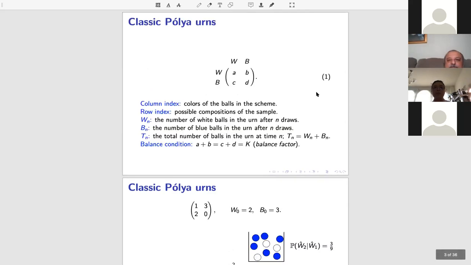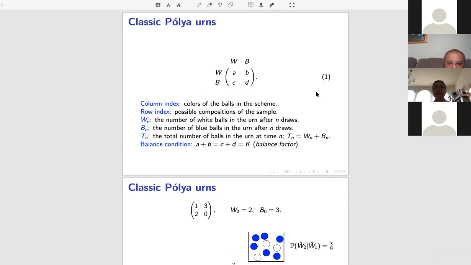As a very brief introduction, in a classic Pólya urn, we have two colors of balls, and we have two random variables, Wn and Bn, to mark the evolution of the process. Wn is the number of white balls in the urn after n draws, and Bn is the number of blue balls in the urn after n draws.